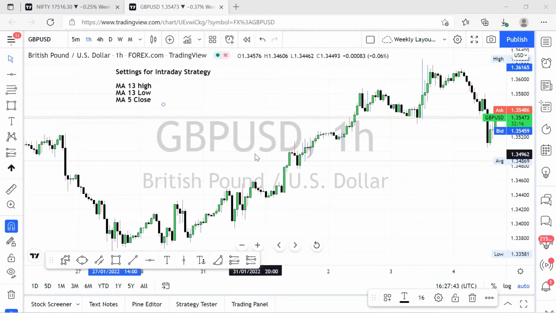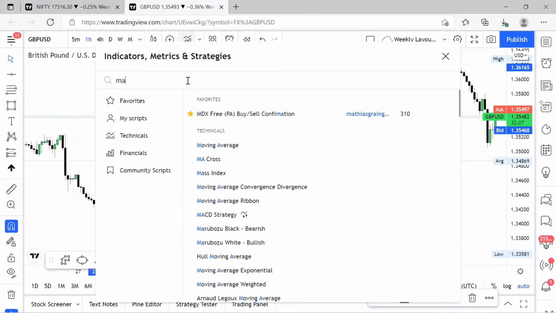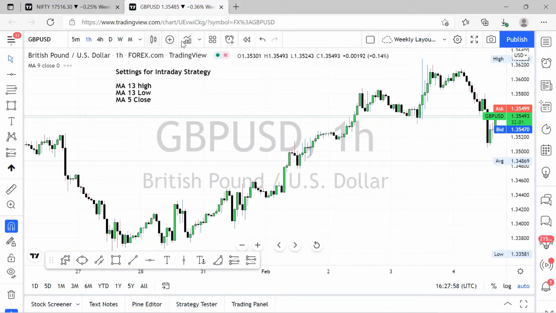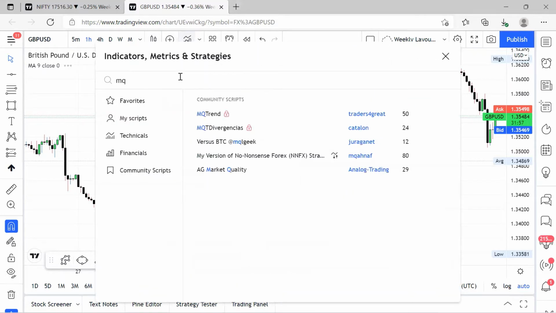So I've launched the GBP/USD chart, and I'm going to put the settings in. First of all, I'll just get 3 moving averages and I'll show you the settings.